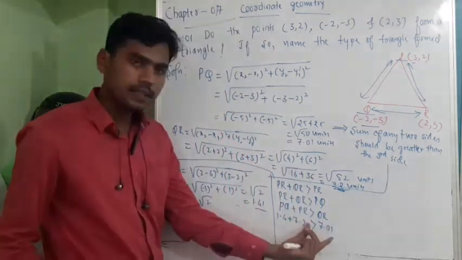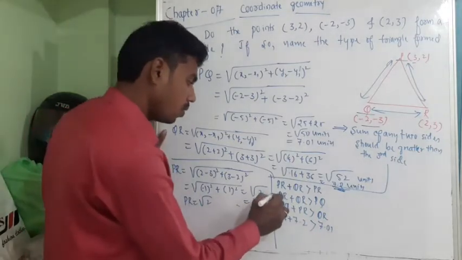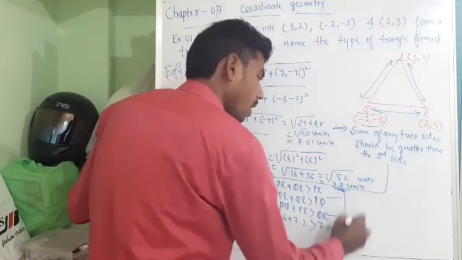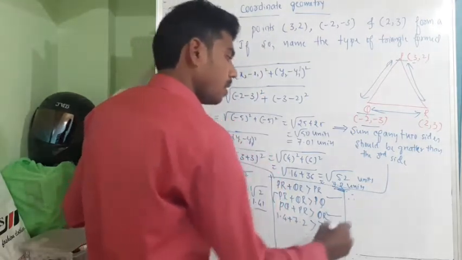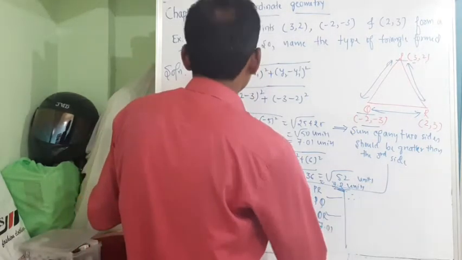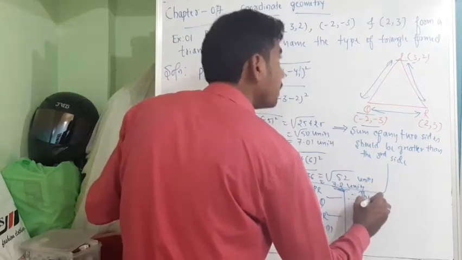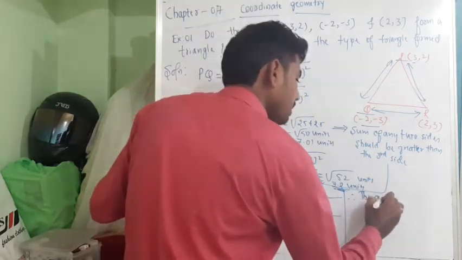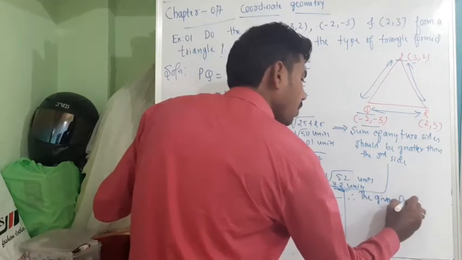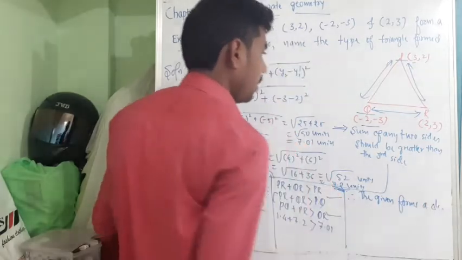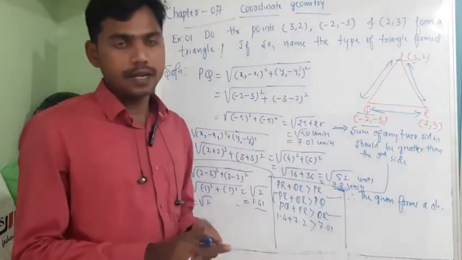Obviously this is greater than 7.01 and it holds good for this. It holds good for this. Therefore, what we can conclude? So the given points form a triangle. Then we need to say which type of triangle it is.